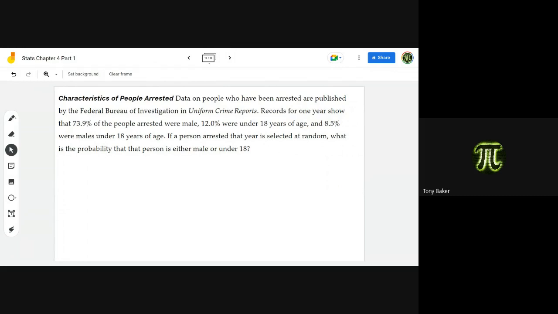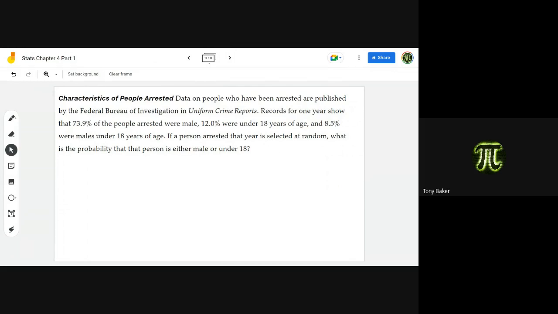Or if more blacks and minorities are being arrested, we use that data to show discrepancies in information.